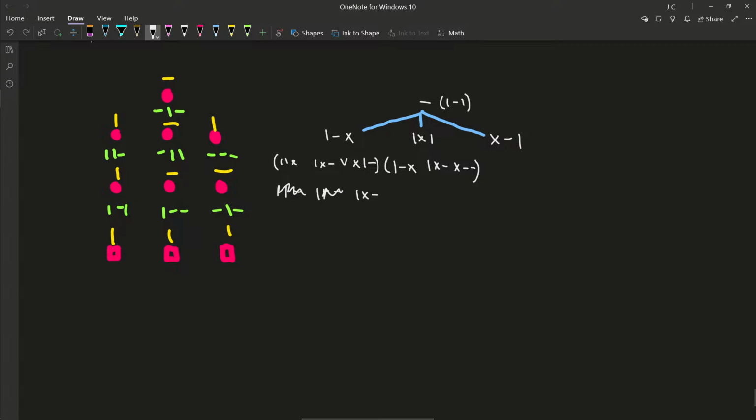Okay, so assuming I did that computation correctly, if our immediate previous layer is in this pattern, there's two ways to get it into that pattern, encoded by this guy.